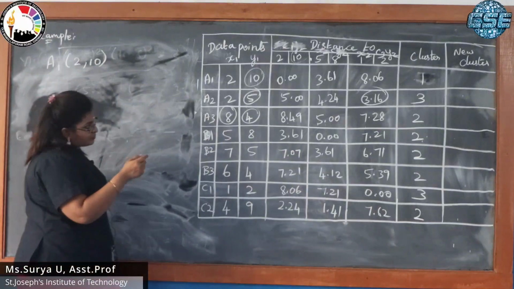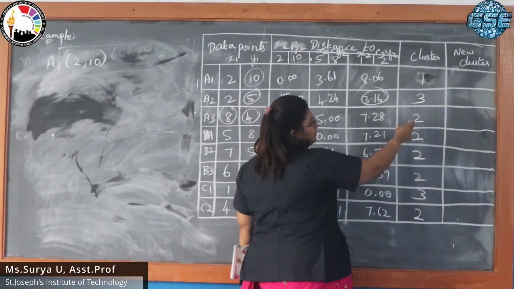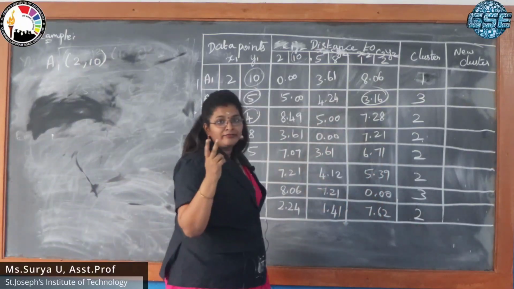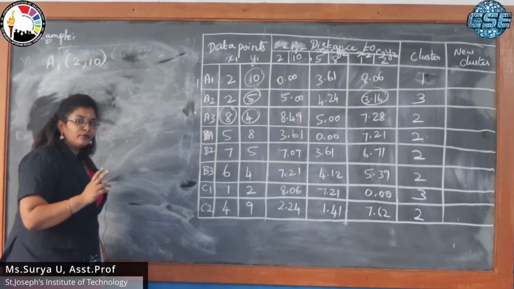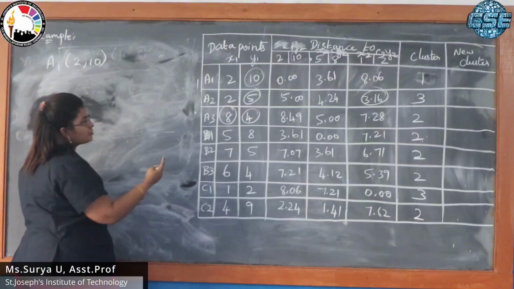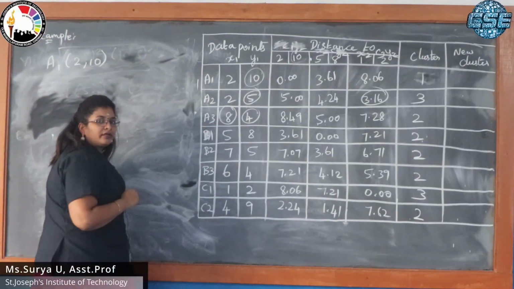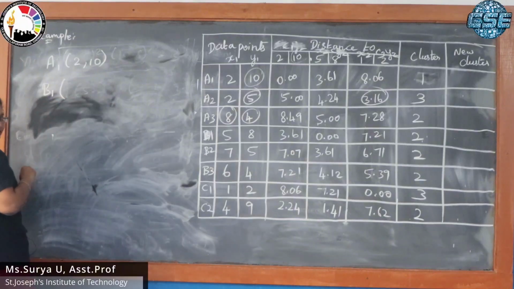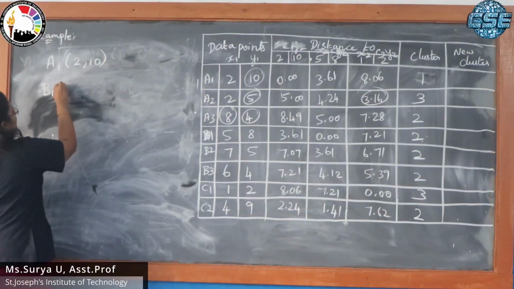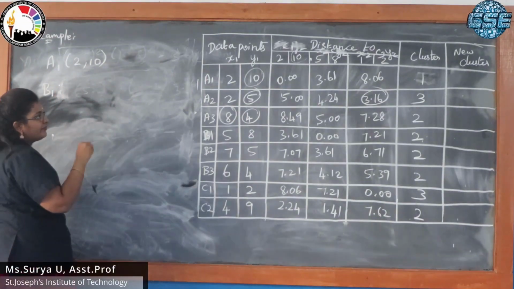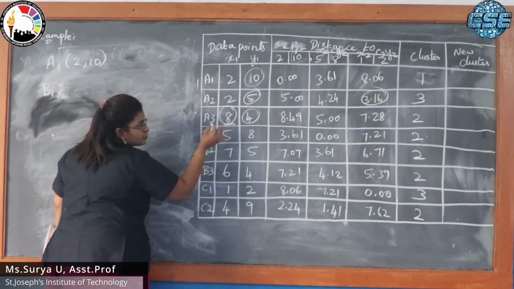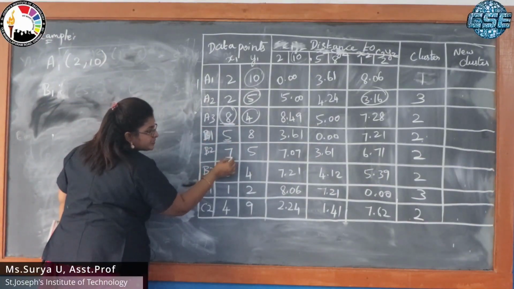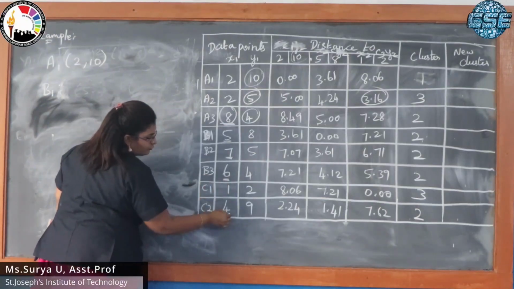If you are going to choose the second cluster, if you see 1, 2, 3, 4, 5, we have 5 points in cluster 2. So what you have to do is take the average of these values. Let me tell you how to take the average. First you add the x values: 8 plus 5 plus 7 plus 6 plus 4.